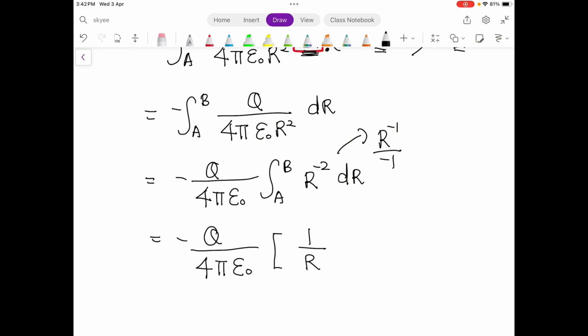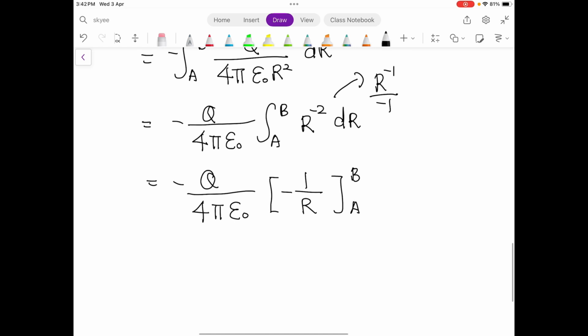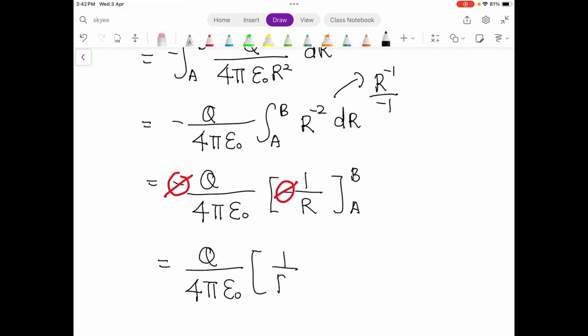So this negative 1 will be here. So you can cancel out both negatives here, and then replace the value: 1 over RB minus 1 over RA.